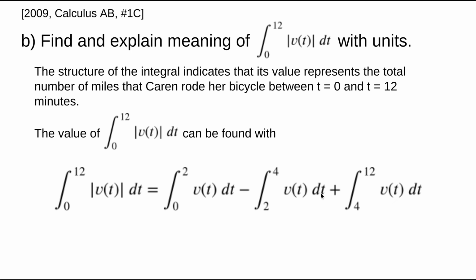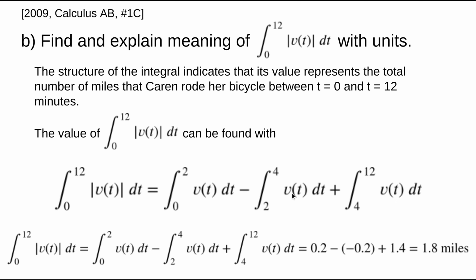Because this integral will turn out to be negative, it affects the displacement negatively, but it's going to affect the total distance traveled positively, so we need to make sure it turns into plus. That's why it's going to be minus this integral. From this point on, just use the graph to find the actual areas involved, and it turns out that the total distance Karen traveled between t equals 0 and t equals 12 minutes is 1.8 miles.